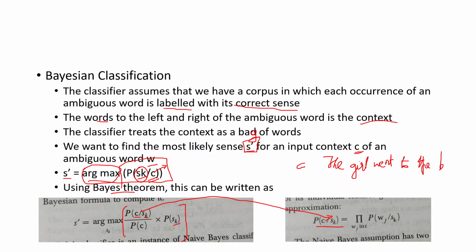So this is our context. What you are trying to find is, given this context, probability of C given Sk, where the bank might be a financial institution or a river bank, and so on. For each of these, we need to find the probabilities. Since there are multiple words, calculating this probability is not easy.